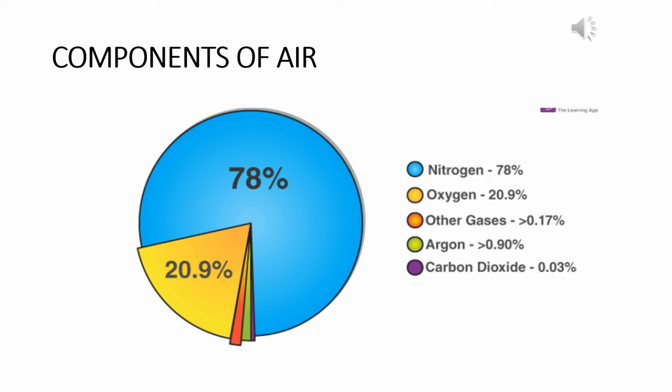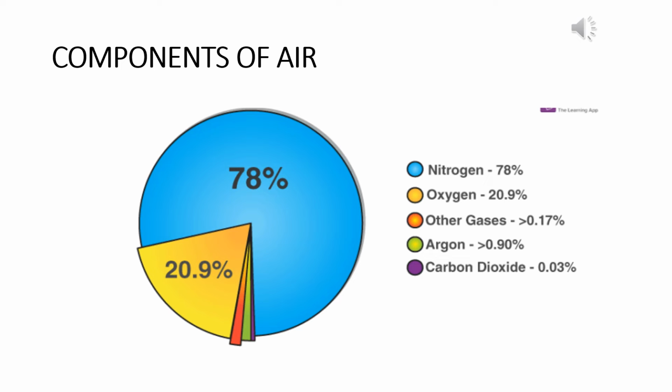Then 20.9% or 20.6%, the yellow portion of the pie chart, is oxygen gas. The other gases, the orange portion, are a little bit greater than 0.17%.